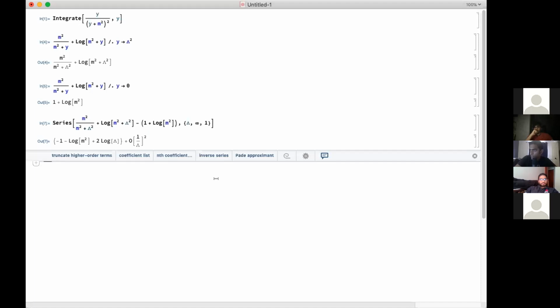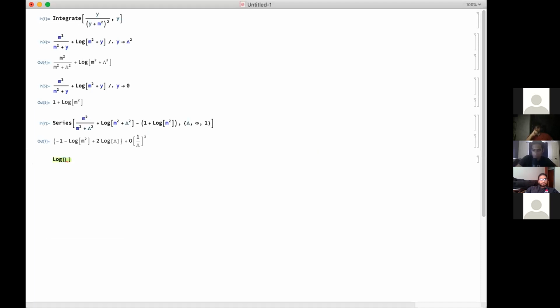Great. So our function is something like log of lambda squared divided by m squared. And what was our definition of m squared? Well, it was little m squared minus x times 1 minus x times s, right? So s, t, or u, whatever. And I'm going to integrate this x from 0 to 1.